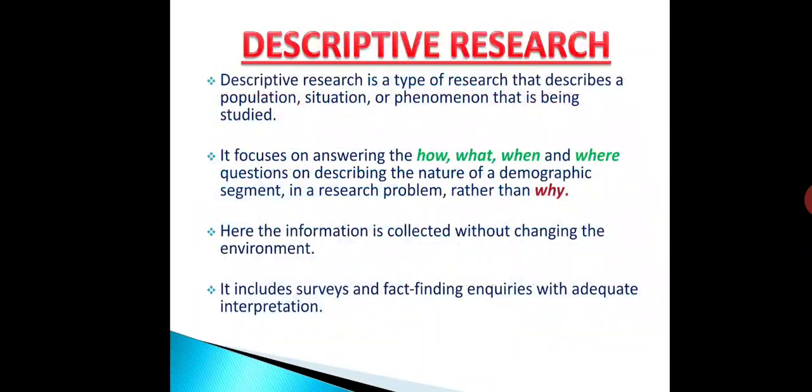Descriptive research design, as the name suggests, means to describe something. Descriptive research is a type of research that describes a population, situation, or phenomenon that is being studied. It is mainly conducted to describe the characteristics of a group, make predictions related to a particular phenomenon, or estimate the proportion of people inclined towards an attitude.